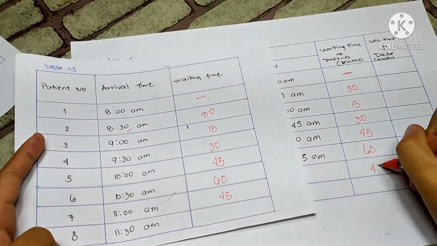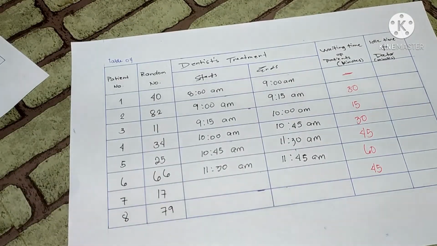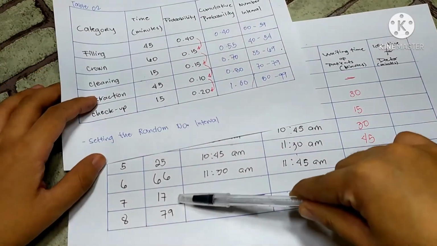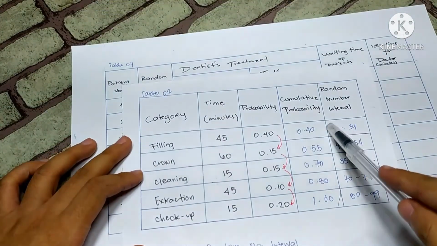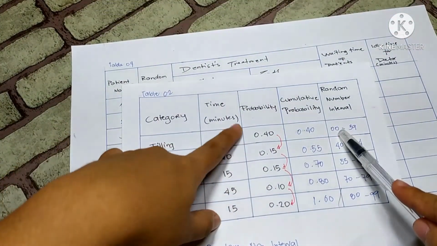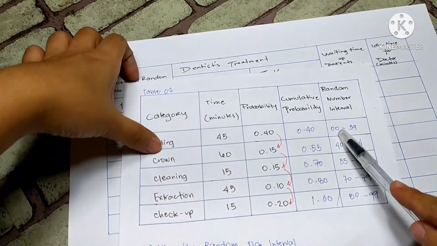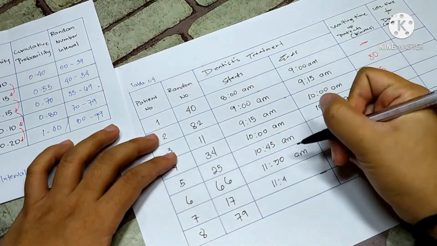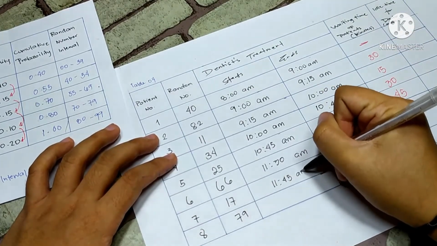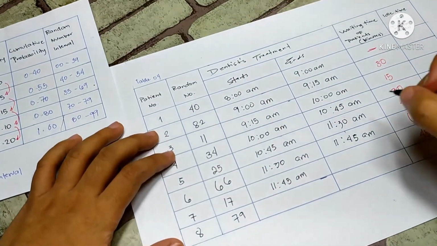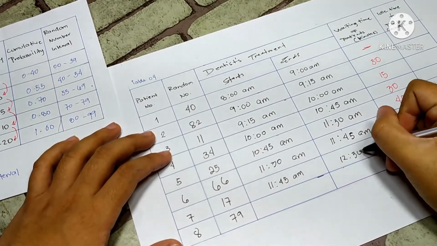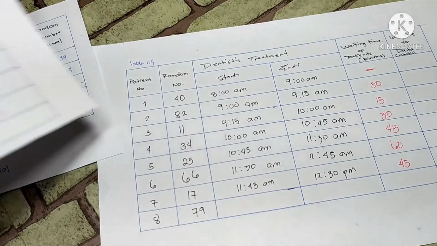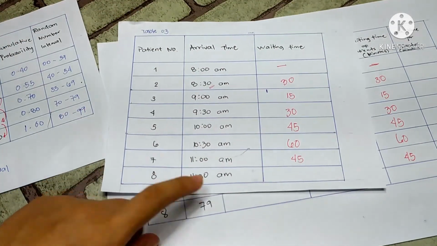So, para malaman natin kung saan mag-fall, number 17 sa filling. Si patient number 7, which is 45 minutes. So, starts at 11:45 yung treatment niya, 11:45 a.m. to 12:30 p.m.